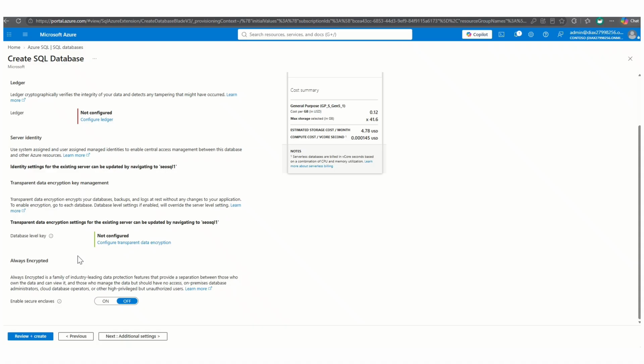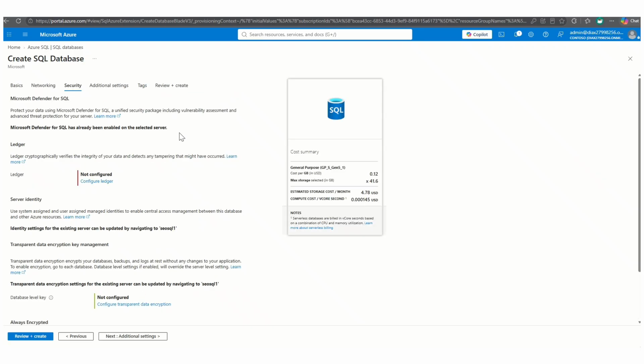Just because you are an administrator of a database doesn't mean that you have permission to see the content of the database, the clients and stuff like that. This is what this is about. If you want to do that, then you enable secure enclaves and turn that on. That's a really important piece there.